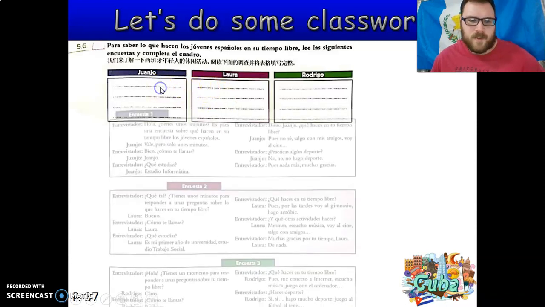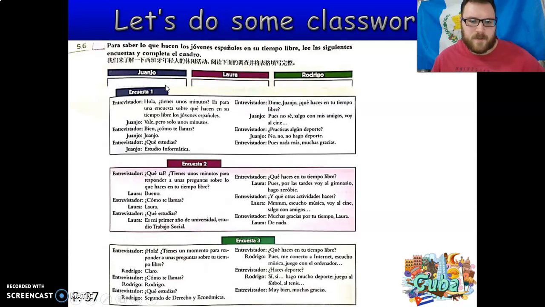Okay, so let me do an example. So we have Laura. She says, voy al gimnasio. So she goes to the gym. All you need to do is change the voy. Voy means I go because she's talking about herself. Now we need to say she goes.